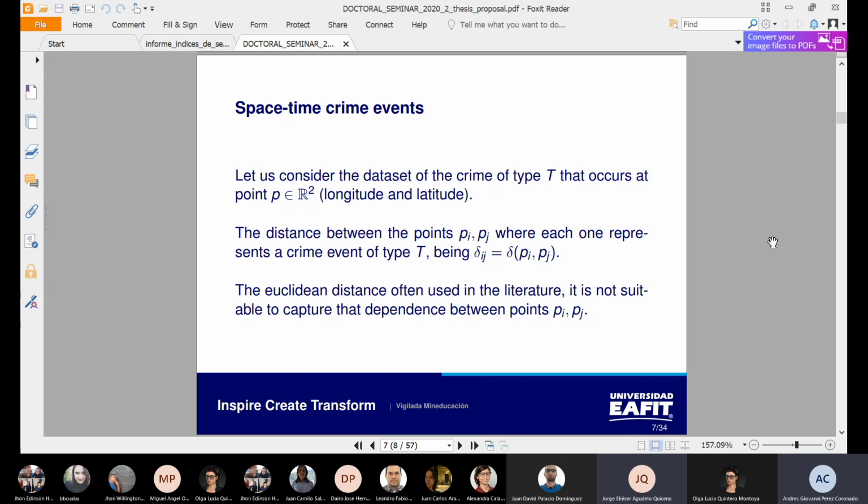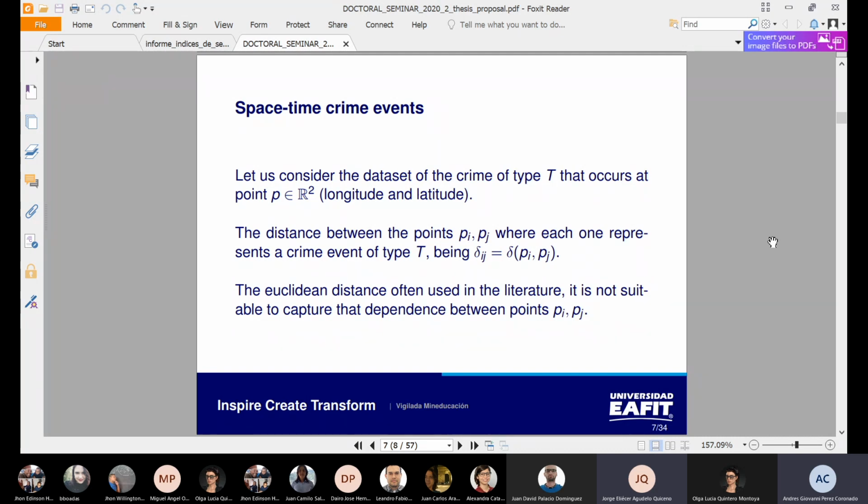The Euclidean distance often used in the literature is not suitable to capture the dependence between point I and point J. It means the geographical distance in meters, kilometers, or other measures doesn't matter for the relation between 2 points, Pi and Pj, even if they are the same crimes. An example is La Candelaria in downtown Medellin.